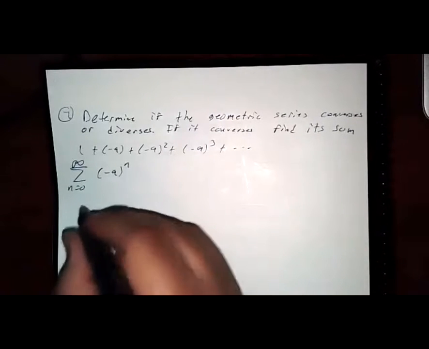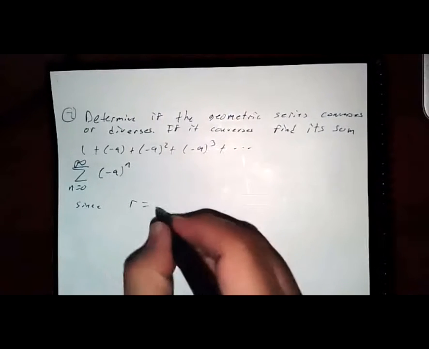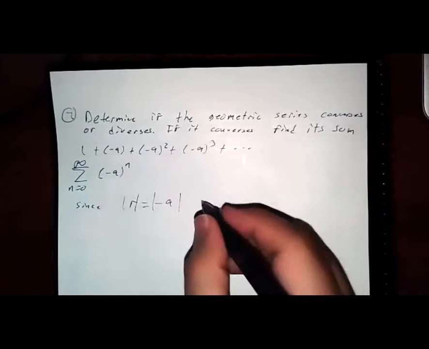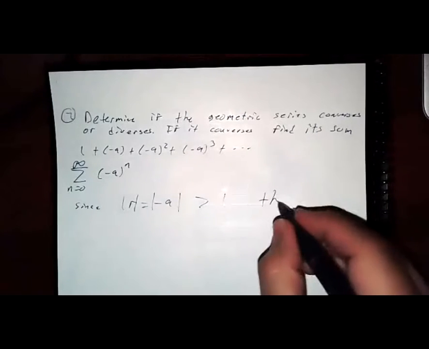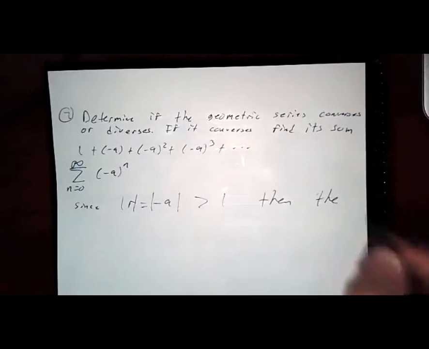But right away, you can see, since r is equal to -9, I should say, absolute value of this is greater than 1, then the geometric series diverges.